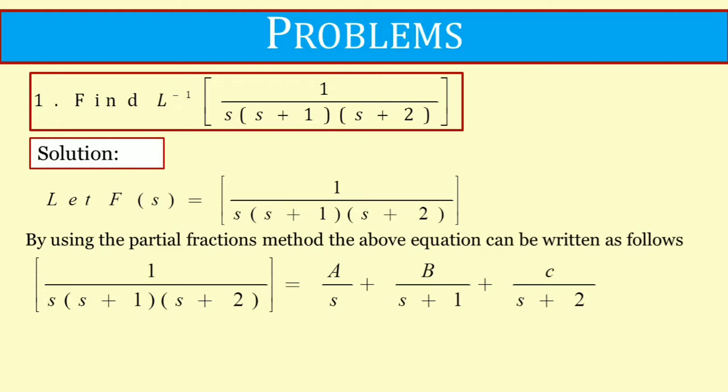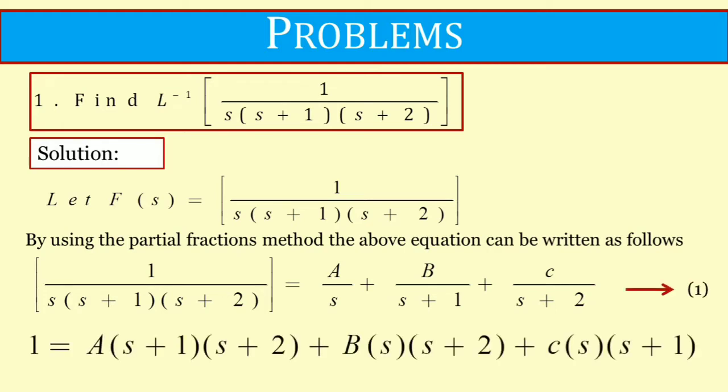Now taking LCM for this function, we get 1 = A(s+1)(s+2) + B s(s+2) + C s(s+1). Now let us find the values of A, B and C by substituting s = 0.